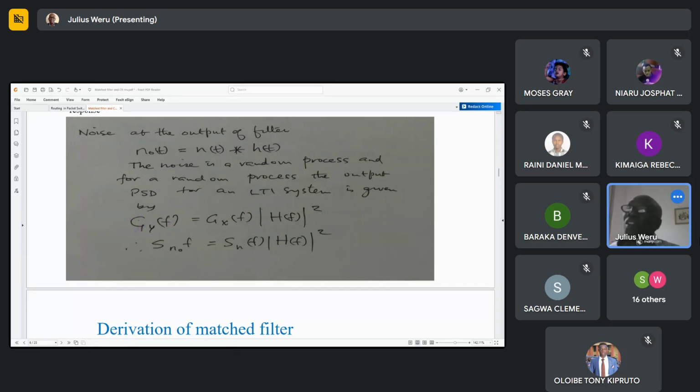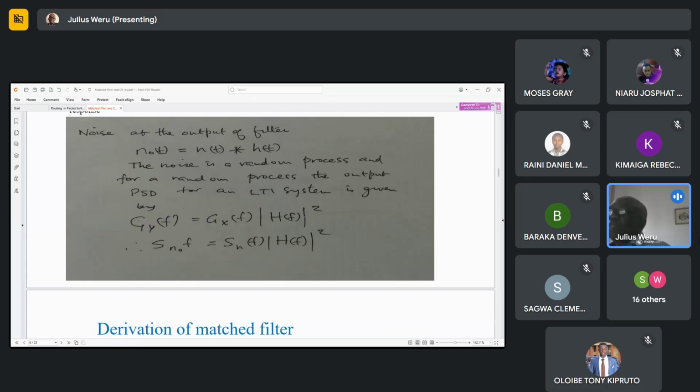So it means the output power spectral density is simply the input power spectral density multiplied by the modulus of H(f) squared, the absolute value squared.